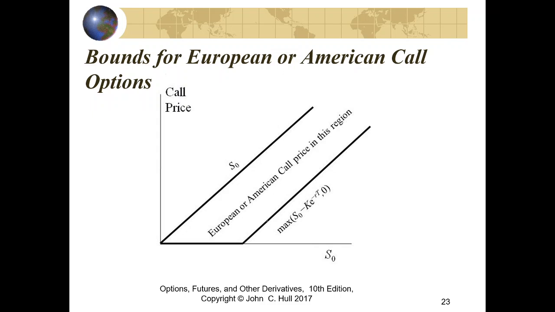Well, the upper bound and the lower bound for an American call option will be similar to a European call option, because in both you will not exercise early. The upper bound will be S0. The lower bound is the maximum between the current stock price minus the present value of the strike price, or 0.